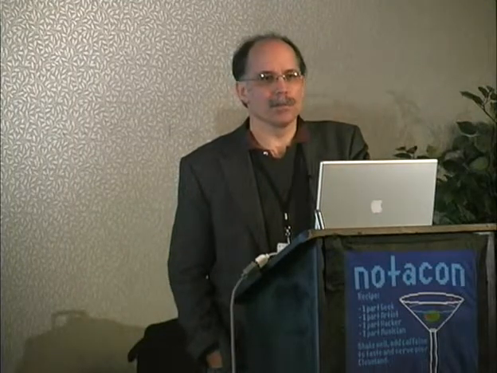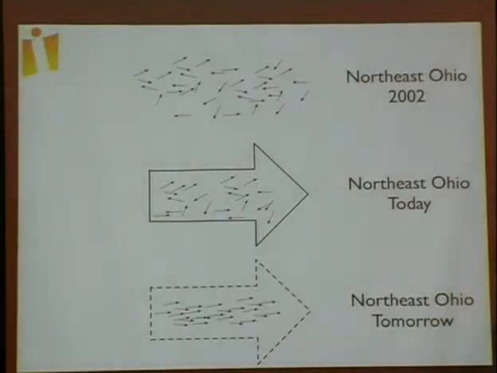In my sense, we've got something like Northeast Ohio today, where we've got a vision, but it's not quite coherent. It's imposed in a very fundamental way. And people are still going this way. And that's a tragedy because of all the money and all the time that's been spent on this.